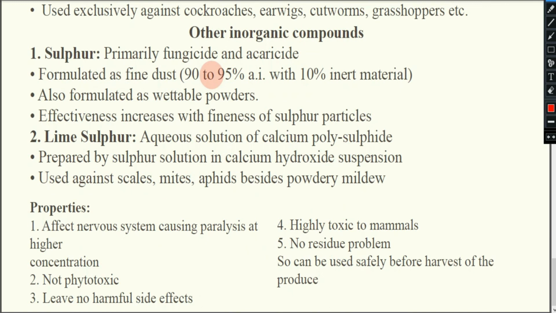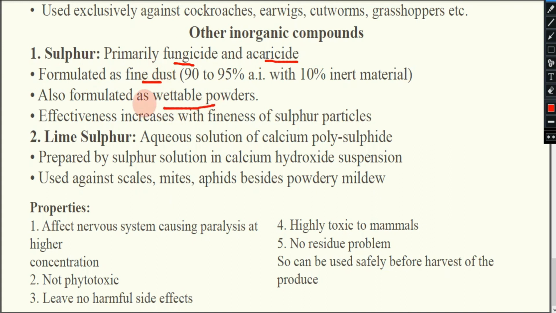Now coming to the last and important one, that is sulfur. Generally, what will happen in the case of sulfur? They are fungicide and acaricide. They are formulated as fine dust, sulfur dust. You may have heard about sulfur. This can also be formulated as wettable powders.